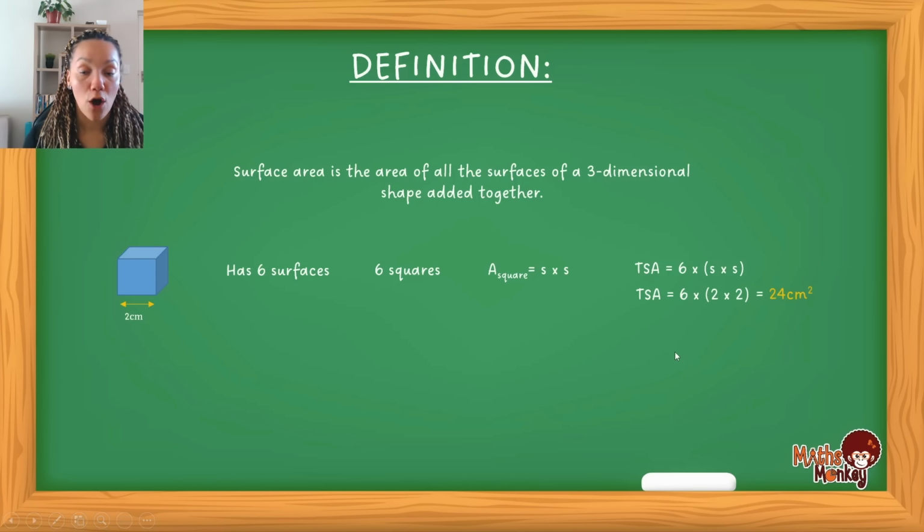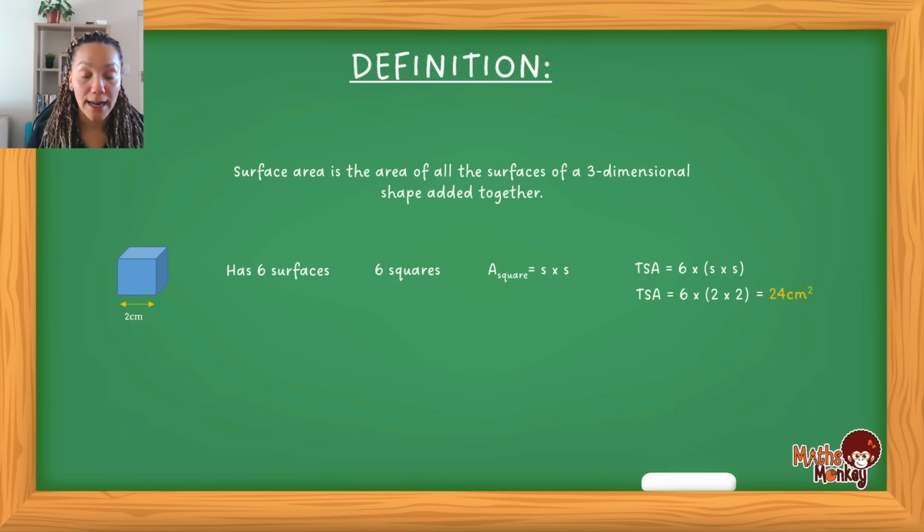So the surface area of this box will be 6, for the amount of squares there are, multiplied by 2 times 2, which is the area of a square. Altogether, if I add up the area of each of the 6 sides, I'll end up getting 24 centimeters squared.